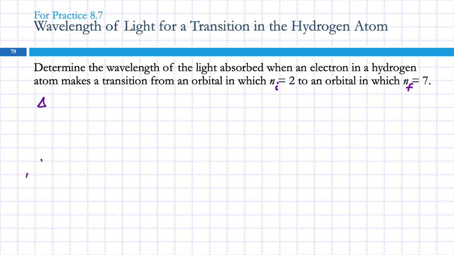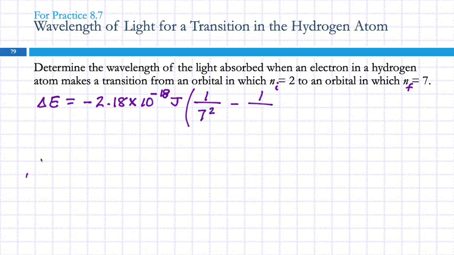So the change in energy is equal to negative 2.18, is that 18? Thank you. 10 to the minus 18 joules times 1 over the final, 7 squared, minus 1 over the initial, 2 squared. And, you know, don't try to do anything silly with fractions here. Just let your calculator do this.